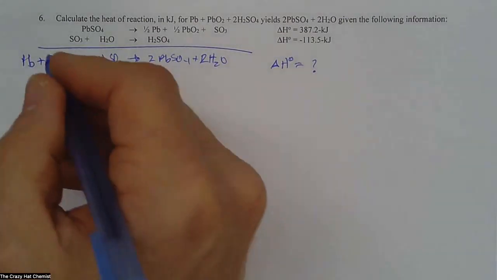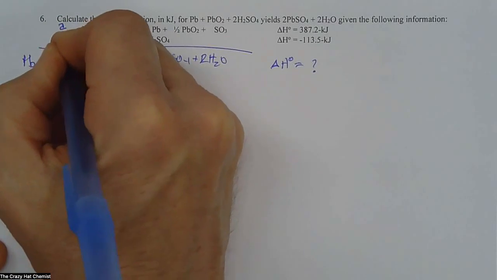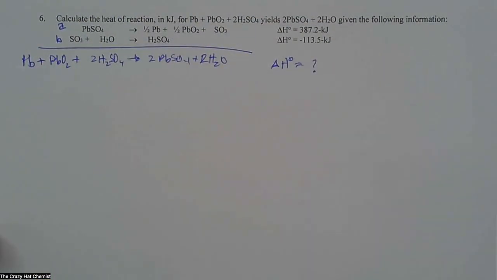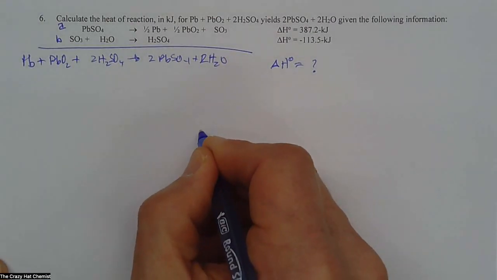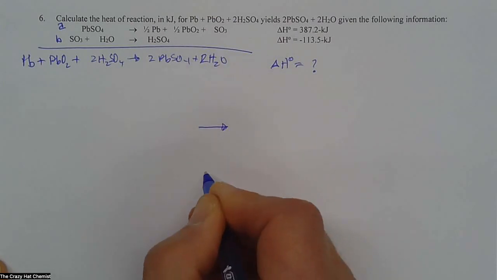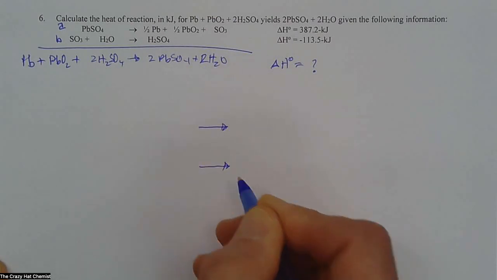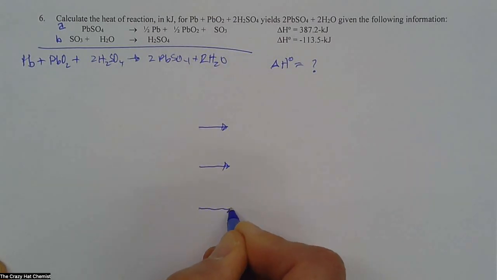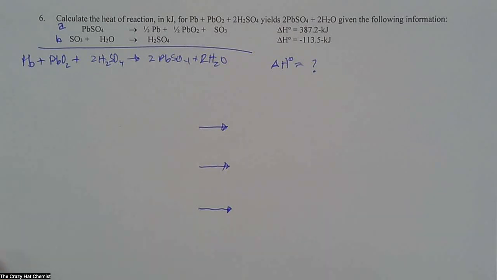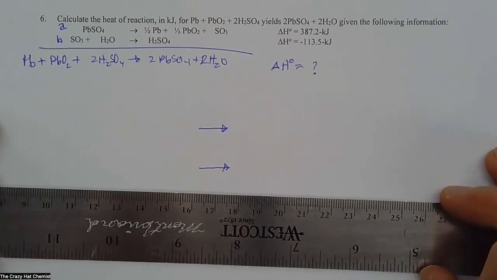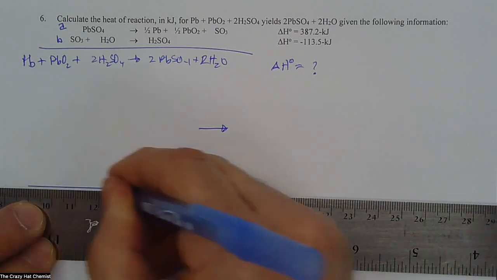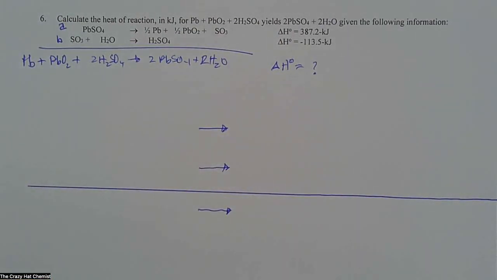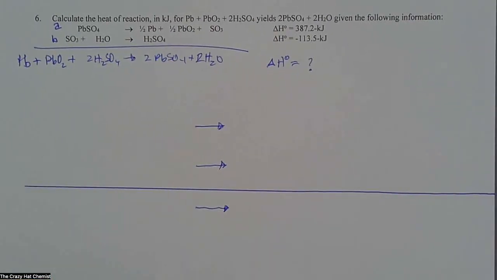A couple of different ways. I'm going to call this A and this B. And what we're going to do is draw 3 arrows: 1, 2, and 3. Just like this.